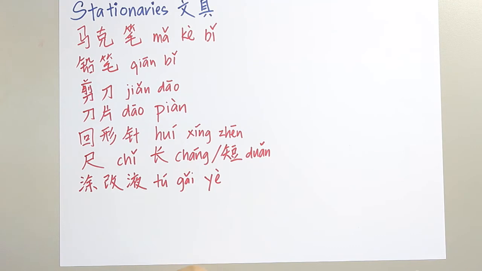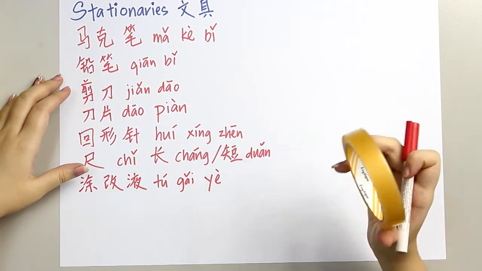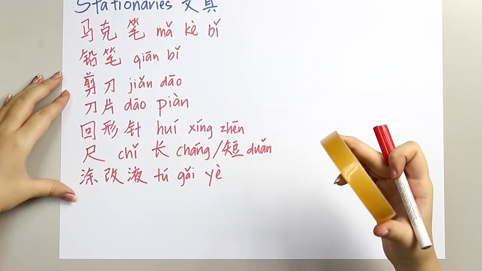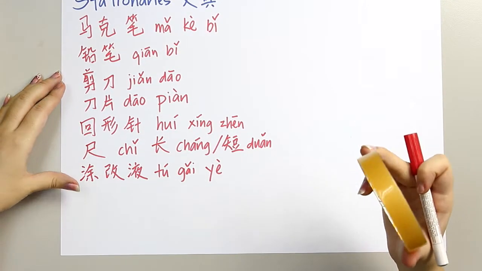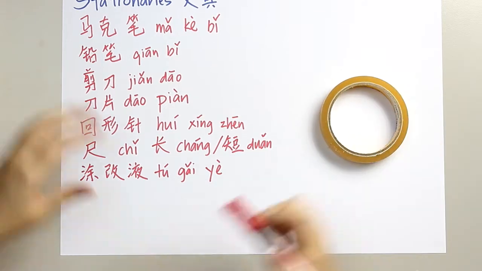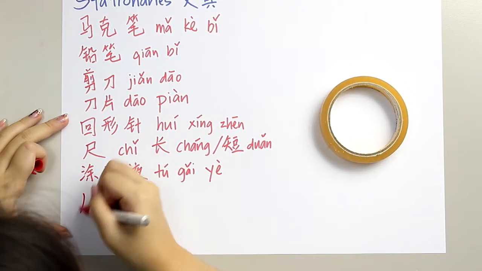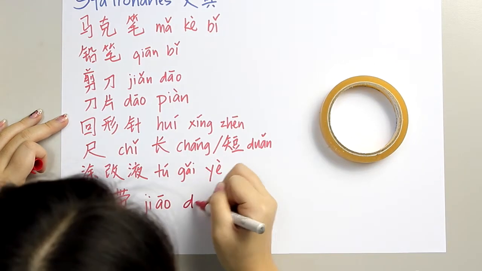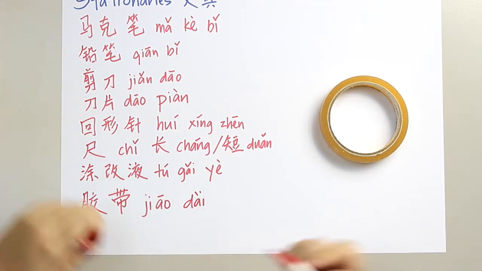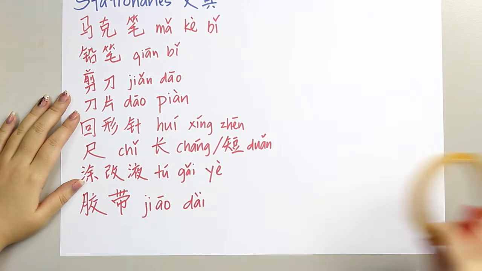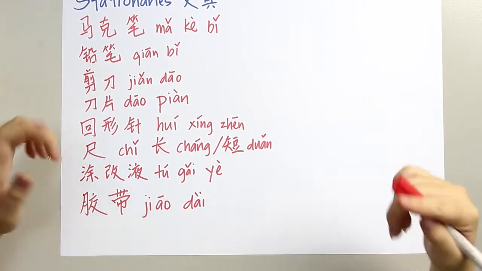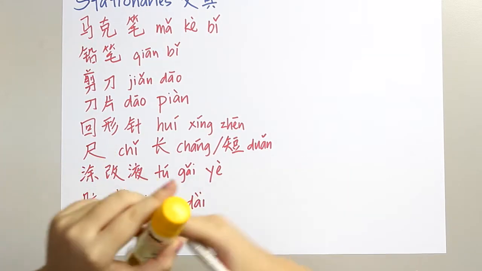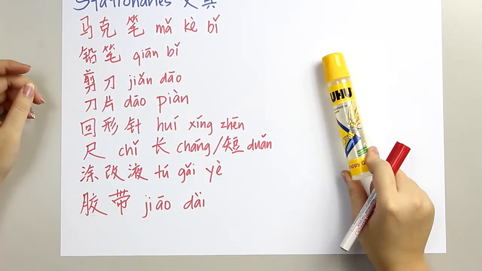Next on, we have this. When you want to stick something together, you will use a cellophane tape. So for cellophane tape, we will normally call it 胶带. What if we want to stick something together but not using cellophane tape? We can also use this, glue.